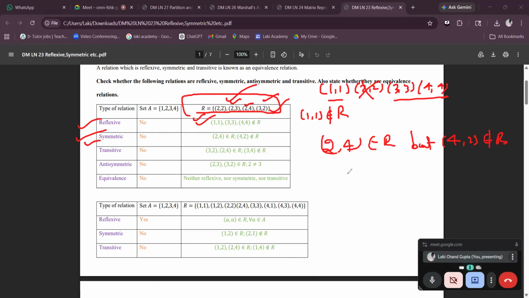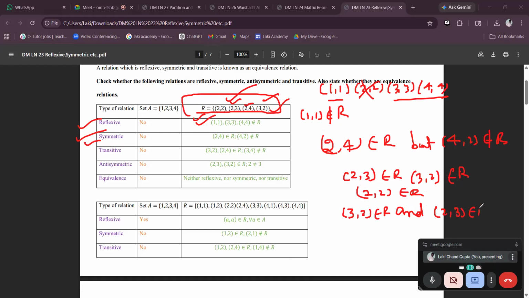Check transitivity. 2 comma 3 belongs to R, and 3 comma 2 belongs to R. So 2 comma 2 must be there. Also check 3 comma 2 belongs to R, and 2 comma 3 belongs to R. So this must contain 3 comma 3.